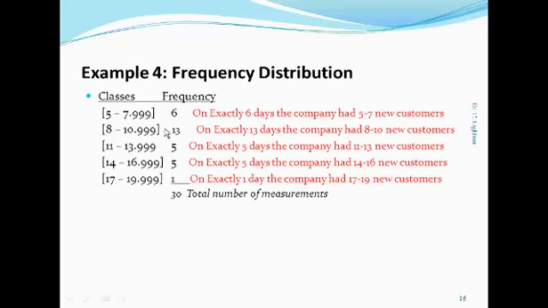Our frequency for the class 8 to 10.99 is 13, because there are exactly 13 values that fall between 8 and 10.999. We continue that process of looking through our data set to determine the number of values that fall in each of these intervals in order to write the frequency for the remaining classes. If we sum the frequencies for all of our classes, we should get the total number of measurements.